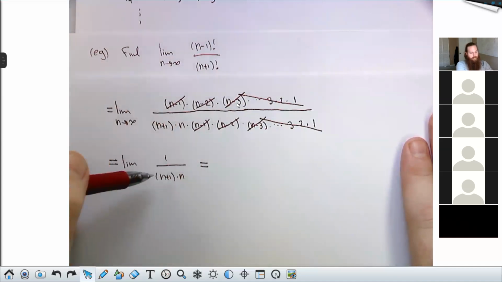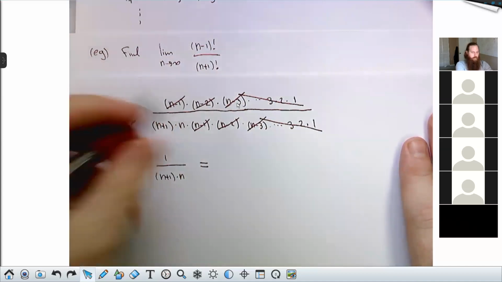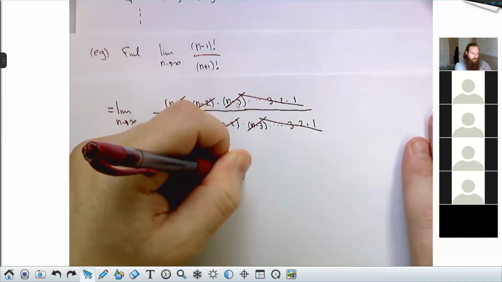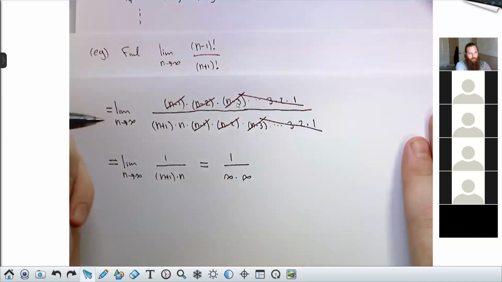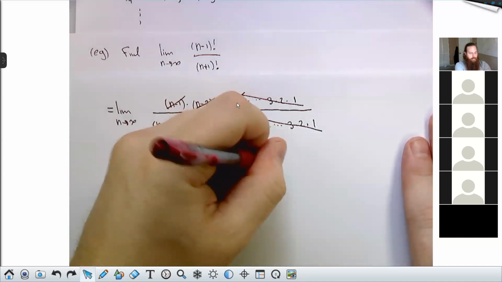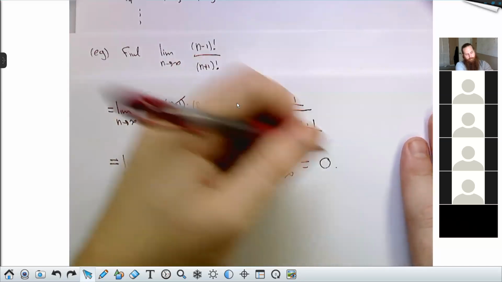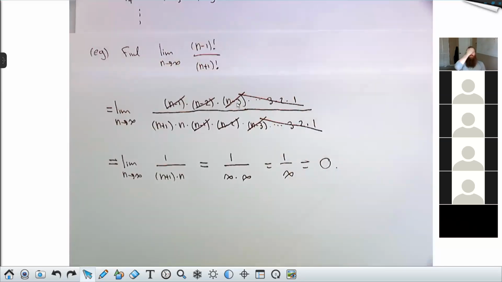Now n plus 1 and n both go to infinity as n goes to infinity. So this is 1 over infinity times infinity. Infinity times infinity is definitely infinity, and 1 over infinity, that's 0. So here, the limit that we were asked to calculate is 0.